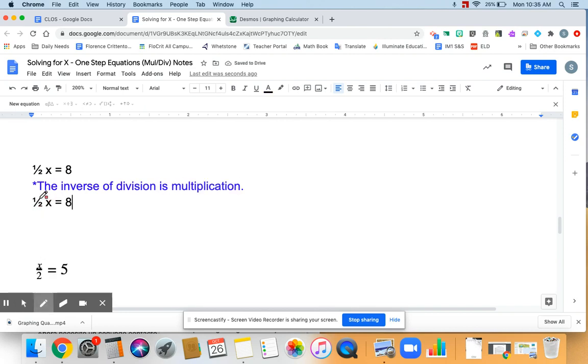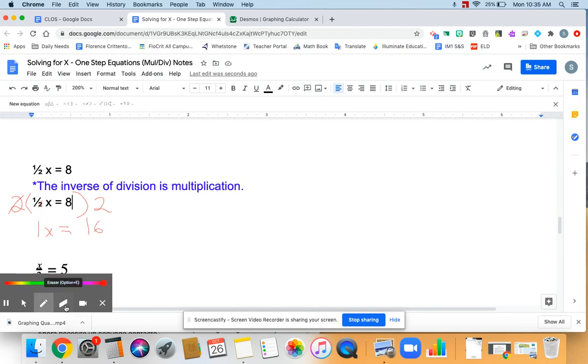So to get rid of divided by 2, I'm going to multiply both sides by 2. So what happens on this side is when I multiply by 2, it cancels with the fact that it's dividing by 2. Because the inverse undoes it, it eliminates it. So then I'm just left with the 1x equaling 8 times 2, and 8 times 2 is 16.